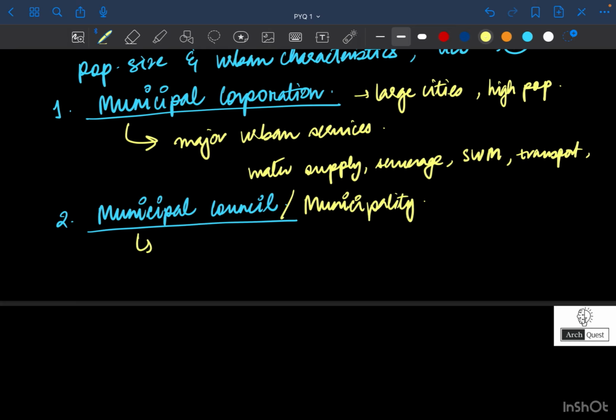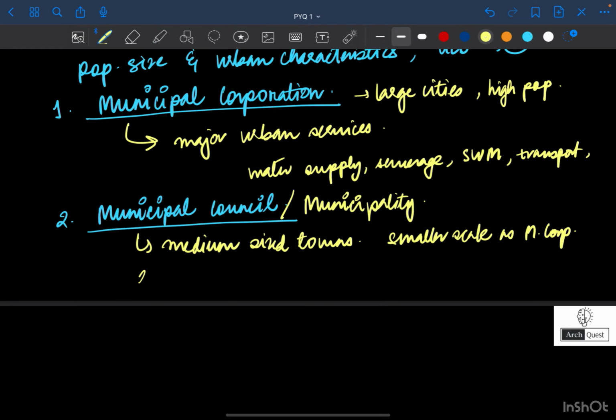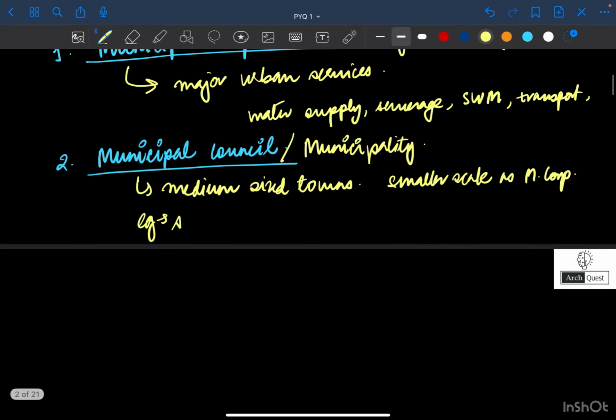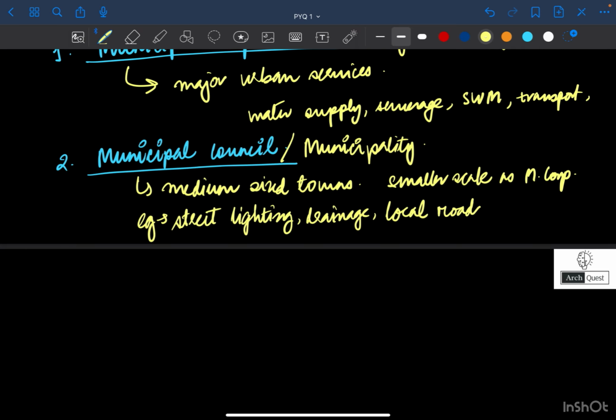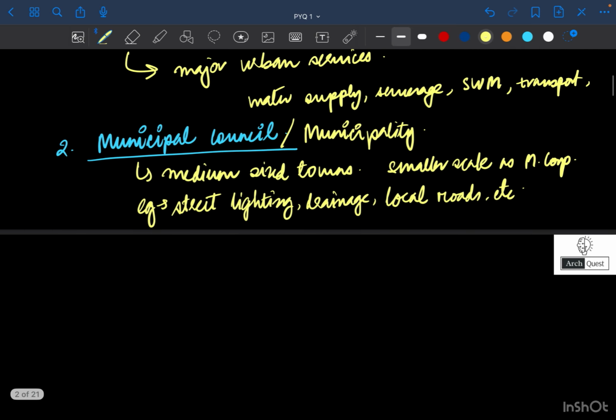They are formed for medium sized towns, and they perform pretty much similar functions as the municipal corporation, but on a smaller scale, such as street lighting, drainage, local roads, etc.